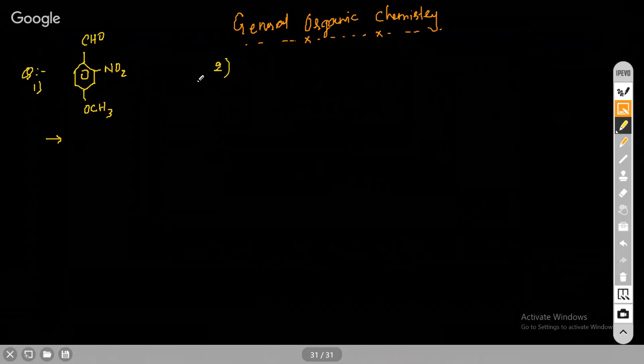Question number two is this: CH2, CH2. Here we have CN, CN, and CN. Third question: all these questions have been asked.